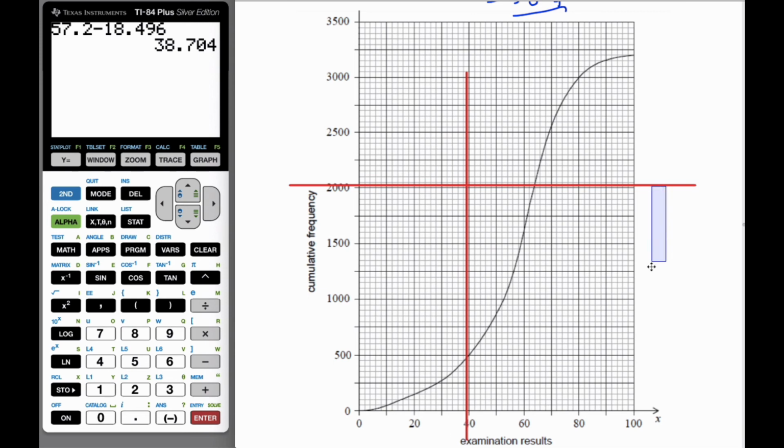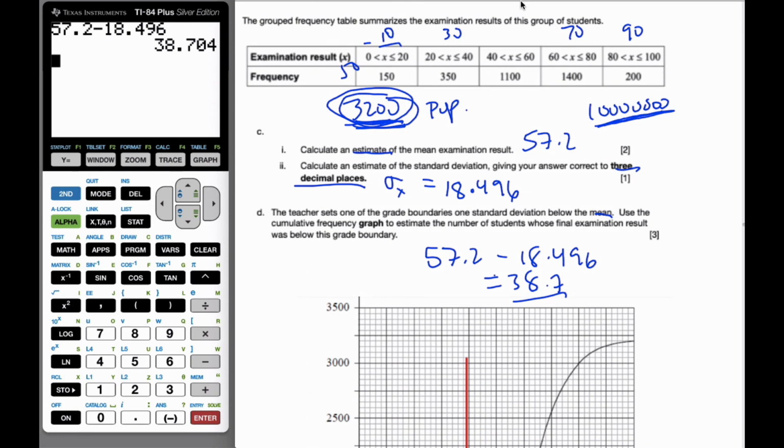And so if I look down here, I want to go in here somewhere. And so if I look here, it looks like it's going to be 450. And I would have accepted a range, but there's going to be 450 students that are in this bottom grade boundary.